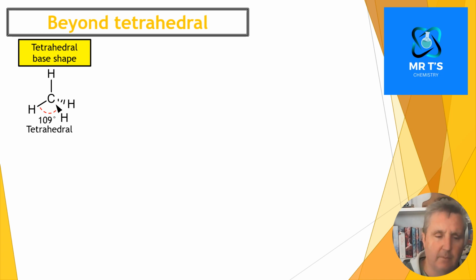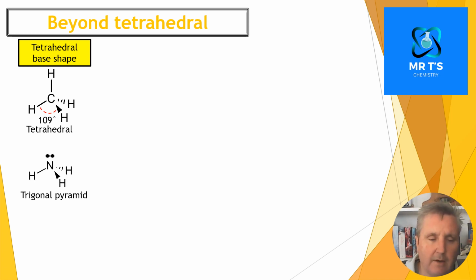Now, if we keep this base shape, or skeleton framework, we can get a couple of different shapes that originate from it. Another one is called trigonal pyramid, or trigonal pyramidal. It still has 4 electron density regions, apart from one of them being non-bonding electrons and 3 being bonding.